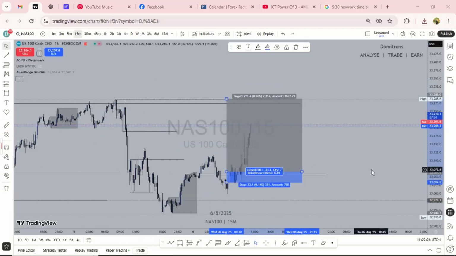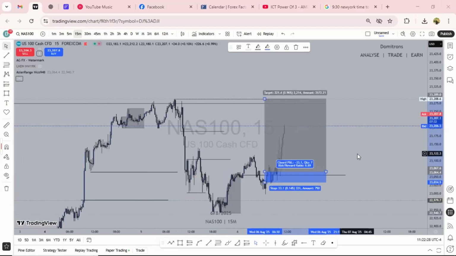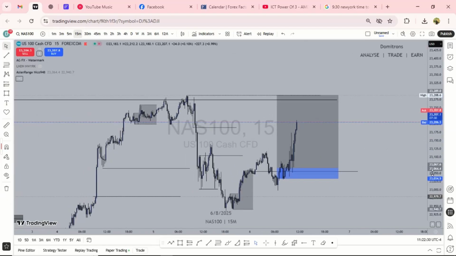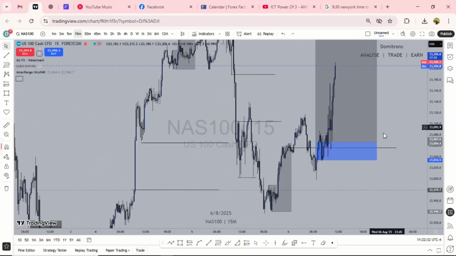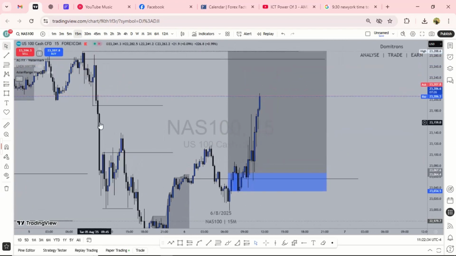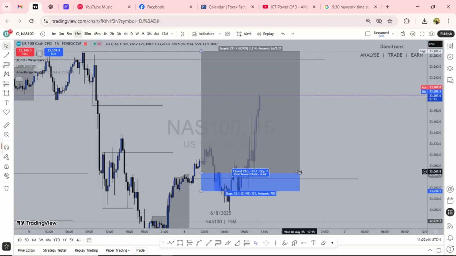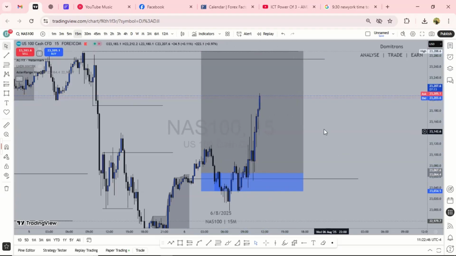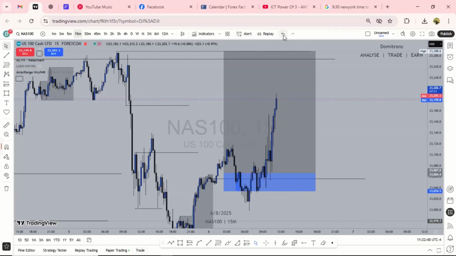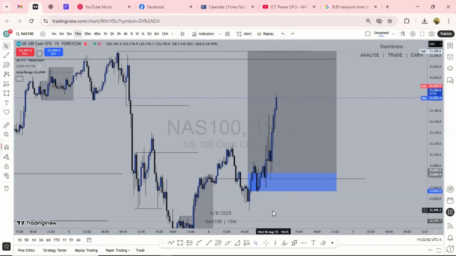Okay guys, so here we are again on Nasdaq, still on the same video. Remember I did a pause and now we're back again. You can actually see that Nasdaq is going well. If you remember, I shifted our stop loss to this low.